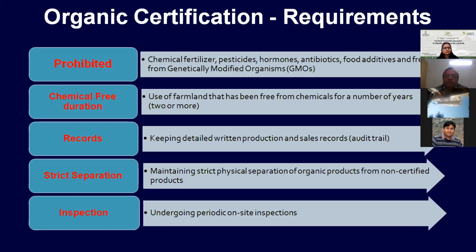Then there needs to be a strict physical separation from the inorganic crops and inorganic instruments used by other farmers. Then the next important aspect is inspection. Site inspection has to be carried out by themselves as well as by the certification agency.